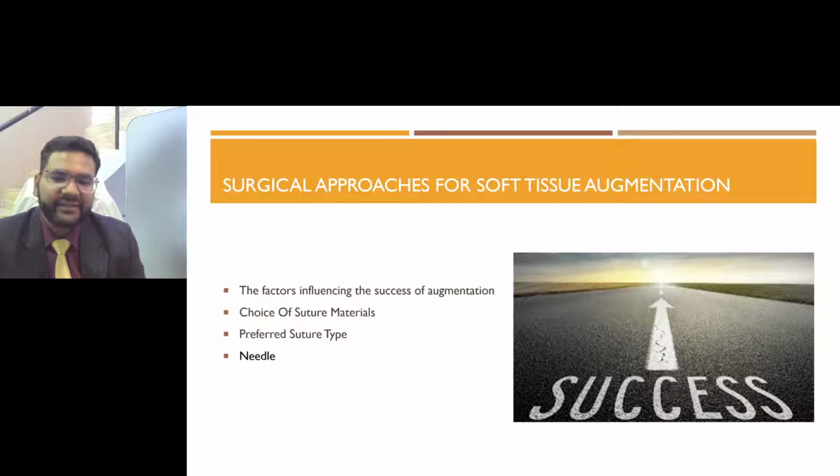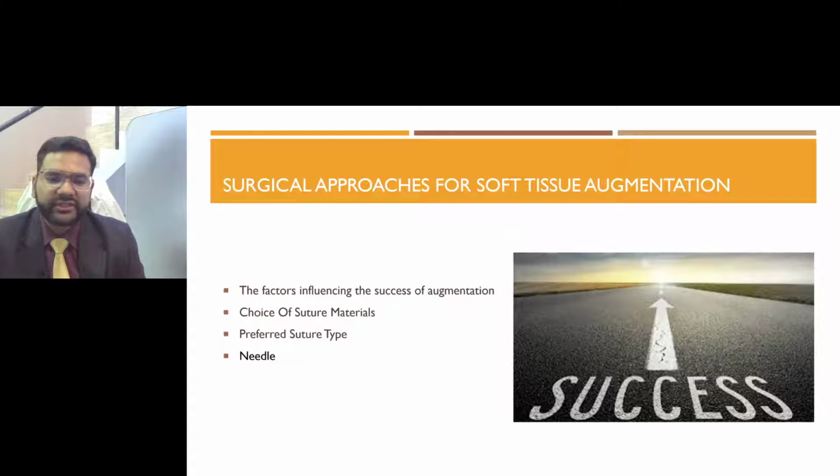What are the factors influencing successful augmentation? Basically the periodontal tissue biotype, as we talked about earlier in the presentation, with a thicker periodontal biotype providing a better chance of success. Flap passivity prior to closure, suturing technique, and post-operative maintenance by the patient.